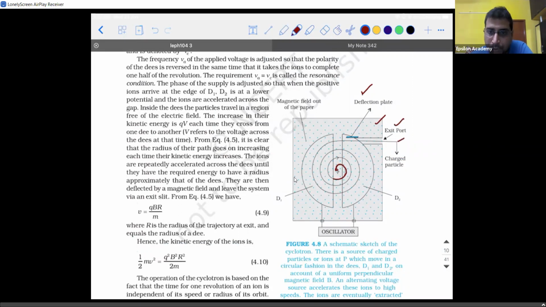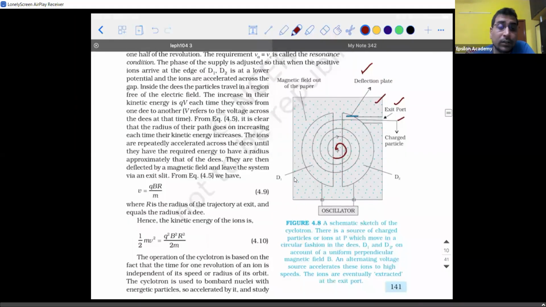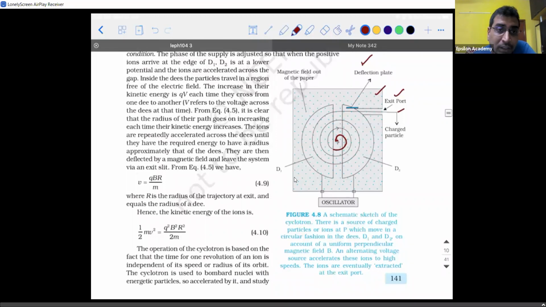Okay, now comes an important question. What is the speed or what is the energy with which the particle is going to come out? For that, it's very simple. See, the particle, before it comes out, is going to travel in a spiral path of maximum radius, capital R, where capital R is nothing but the radius of one of the Ds.